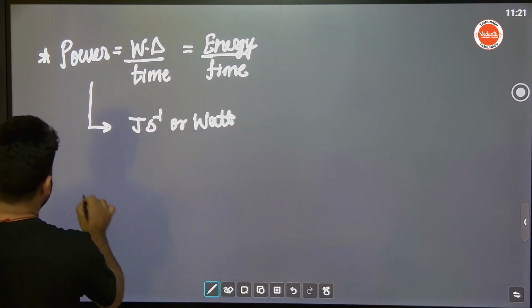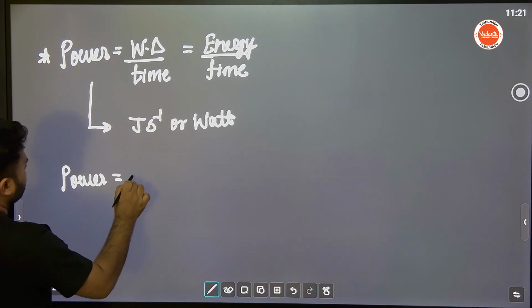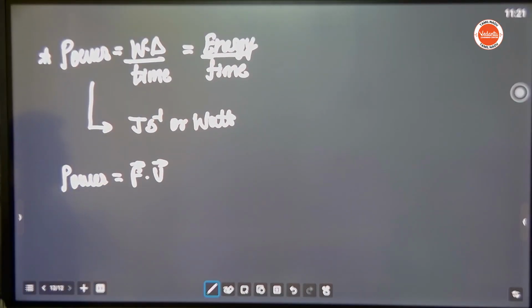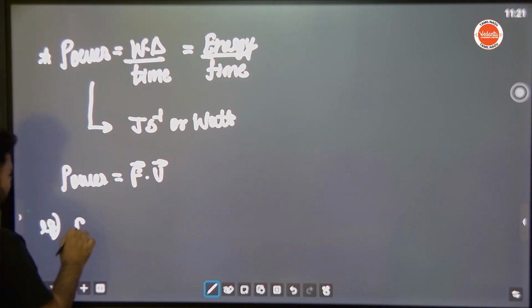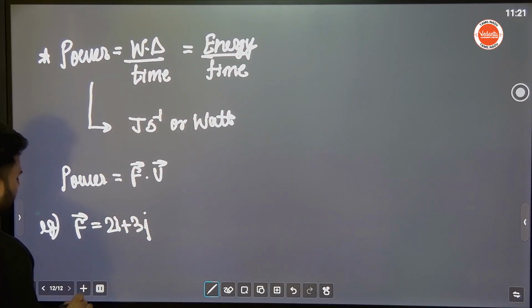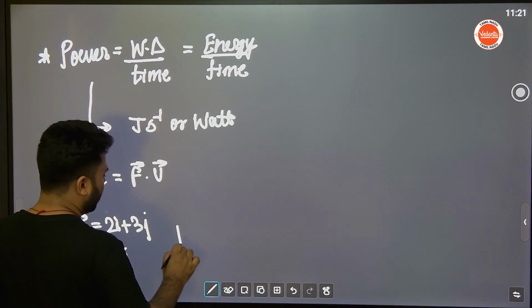Power has one more formula. Remember, very important. Power equals F dot velocity. For example, sometimes they ask that the force acting on the object is 2i cap plus 3j cap, and the velocity of the object is i cap plus j cap. What is the power?